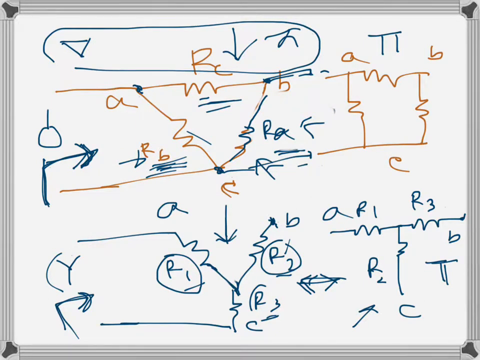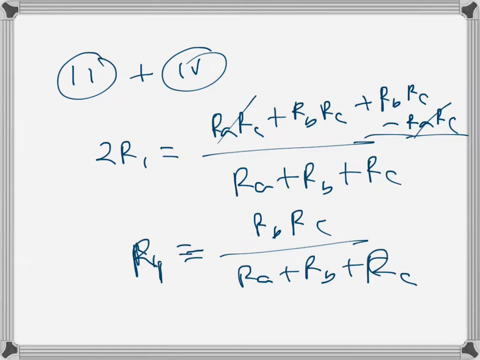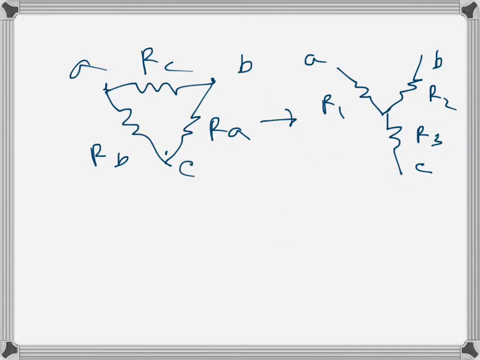So R1, R2 and R3, and we have just found out what we got for R1. This is our node C here, sorry. So R1, which is connected to A, is RB times RC: the two resistances connected to A are multiplied in the numerator, and in the denominator is the sum of all three.